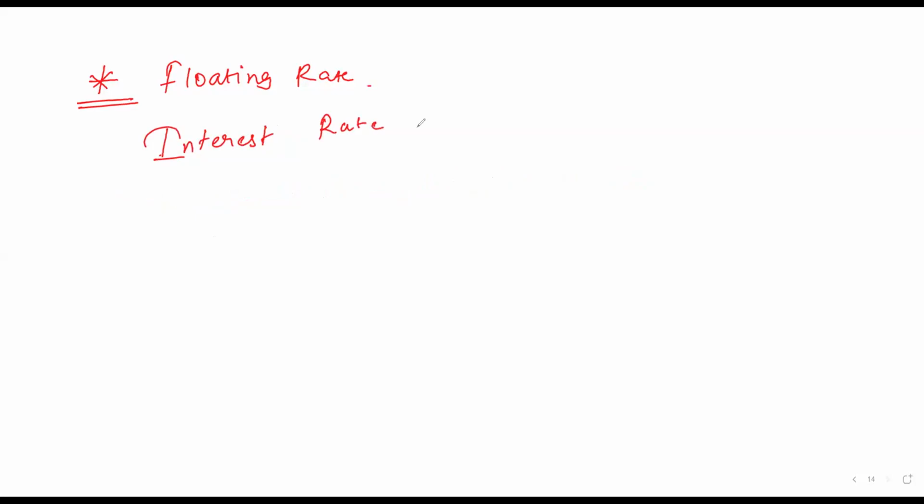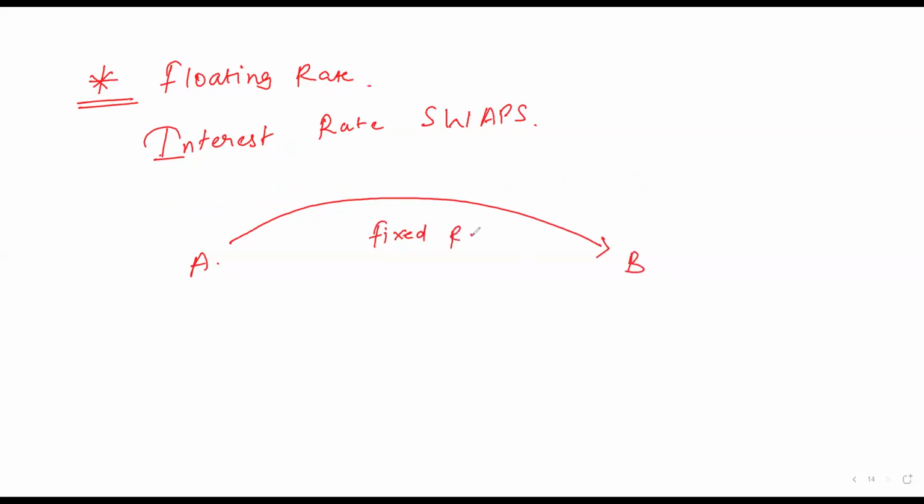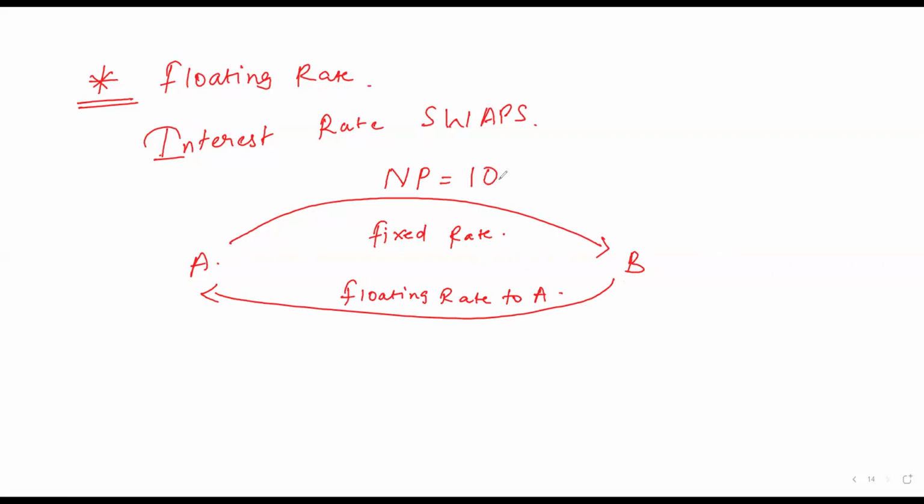When there is interest rate swaps, there is a fixed rate. A is giving fixed rate to B and B is giving floating rate to A. Fixed rate is paid by A to B and B is giving floating rate to A. Let's say notional principal, it means that imaginary principal, is 100 million.